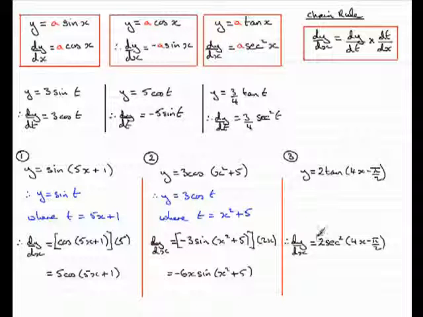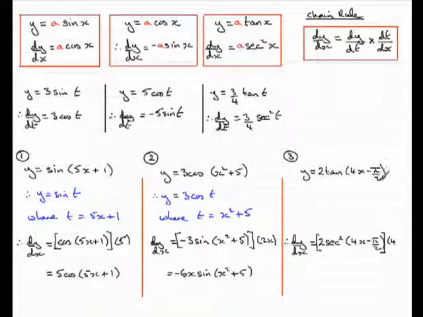Put this in square brackets. Now I need to multiply this by the differential of t with respect to x. T, remember, was the 4x minus pi upon 2. Differentiate 4x with respect to x and you get 4. Differentiate minus pi upon 2 with respect to x.